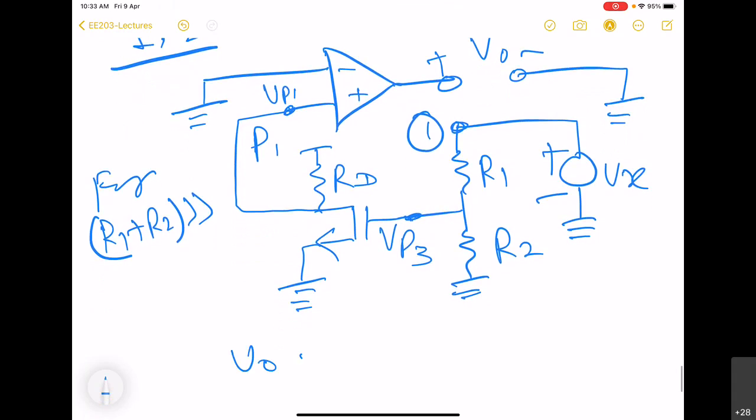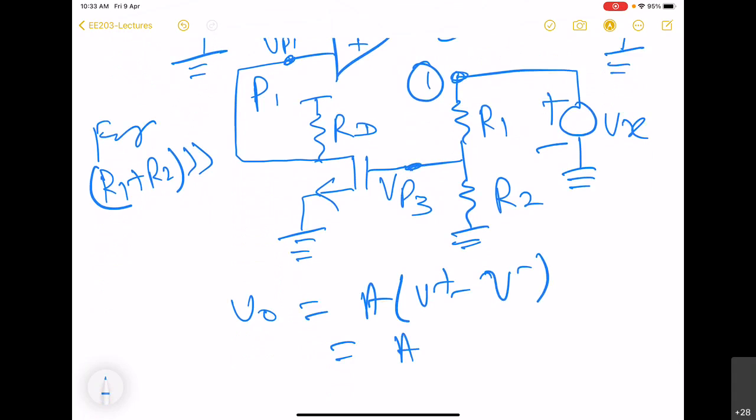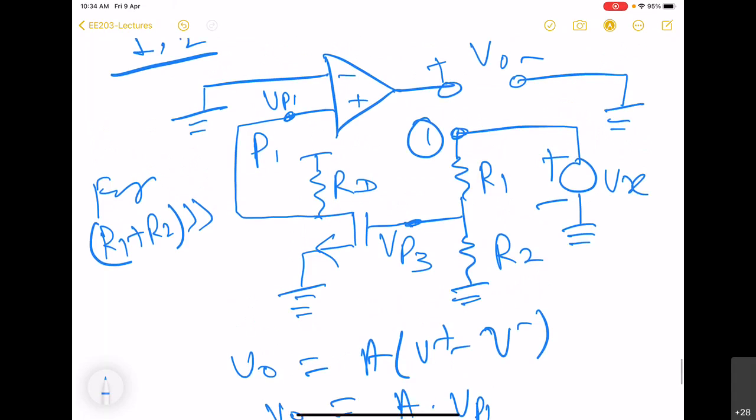So VO, we know that is A into V plus minus V minus, and here it is going to be A into VP1. And this VP1 is the output of the common source amplifier, which is being fed by VP3.